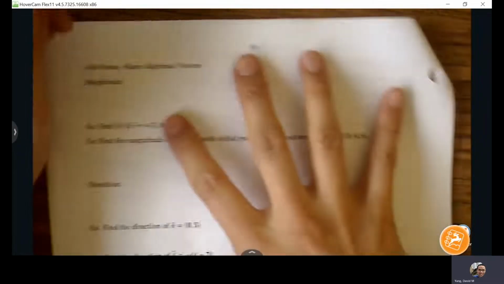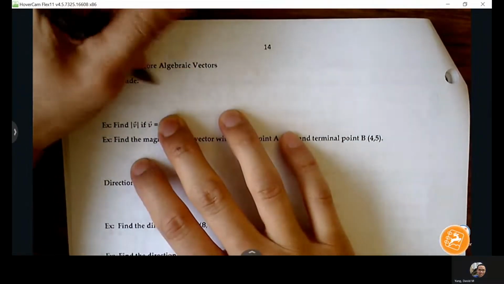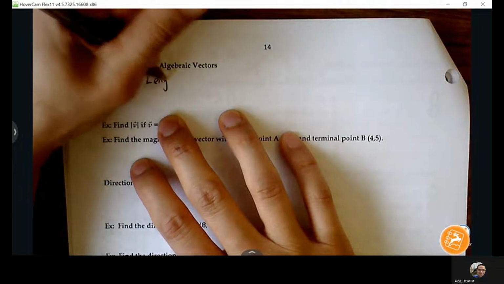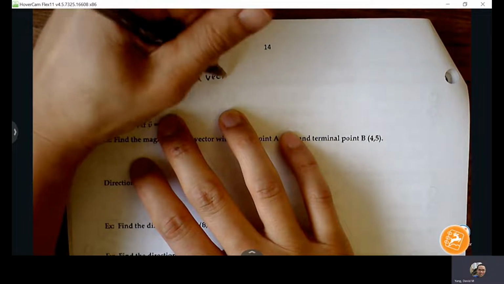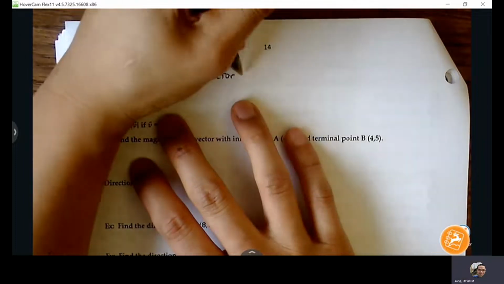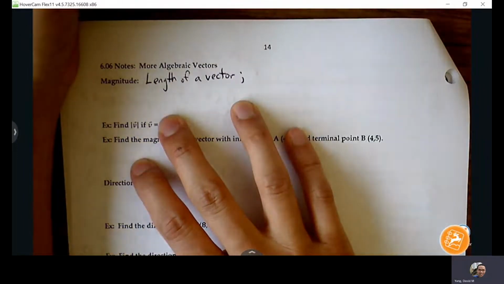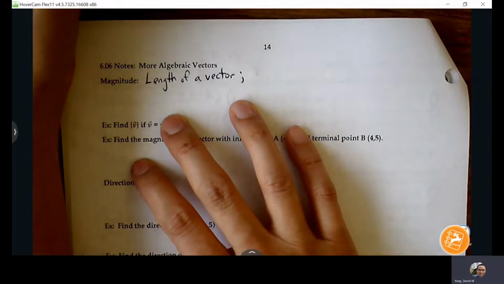Okay, magnitude is the length of a vector. It can represent speed, distance, or force.